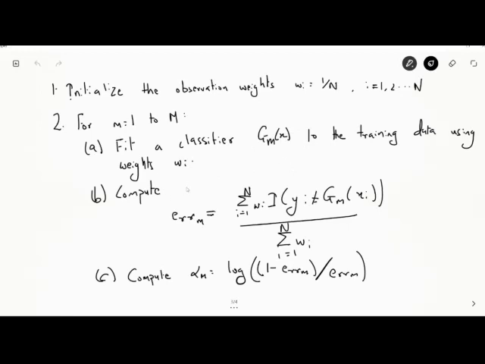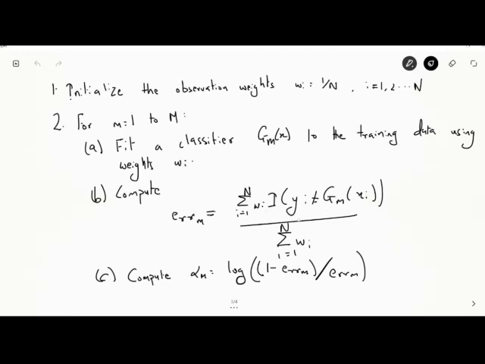As I said, and you could even see from the schematic diagram, this is an important step. Now we compute the error, which is just the sum of weights that the misclassified elements are contributing.